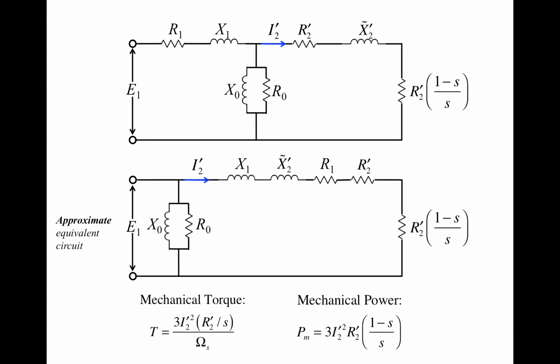But to simplify the calculation, one approximation that people often take is to move this part of the circuit in front of R1 and X1. So basically just move the whole thing to the front.